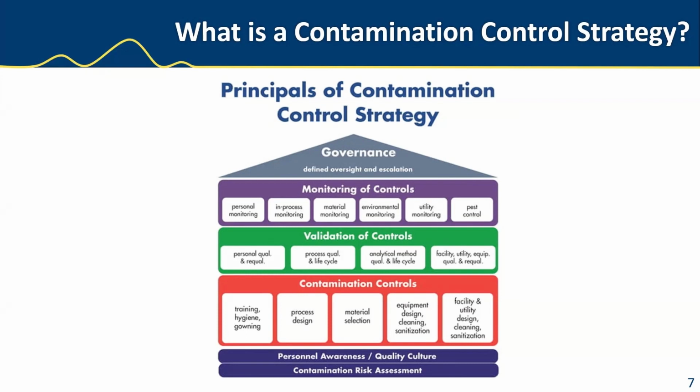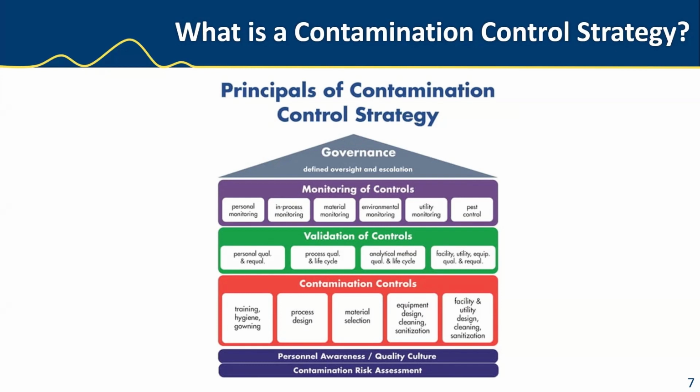We also want to raise personal awareness and have a quality culture within the environment. That goes down to training, hygiene, gowning, the actual process design itself, the selection of materials, the equipment design, the cleaning, the sanitization, and the utility design and cleaning and sanitization for those. So these are the contamination controls.